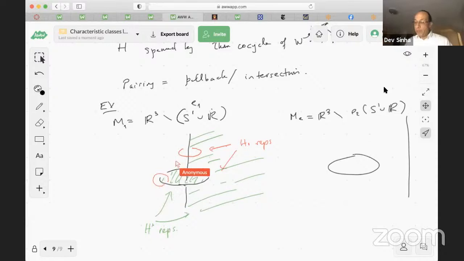Whereas this red ring here does hit the half space, and vice versa. This lower red ring hits the disk, the upper red ring does not. And so those are the H lower one and H upper one reps.